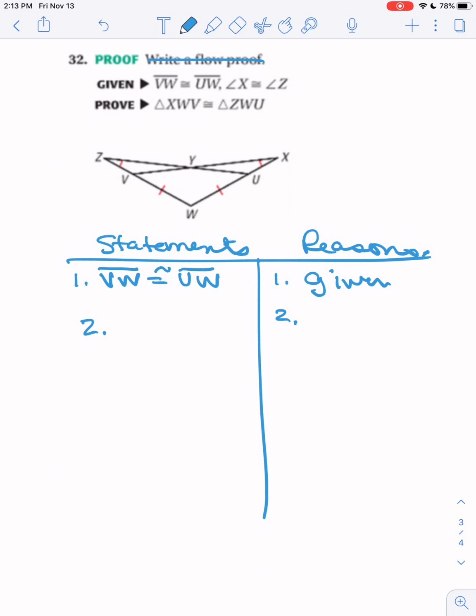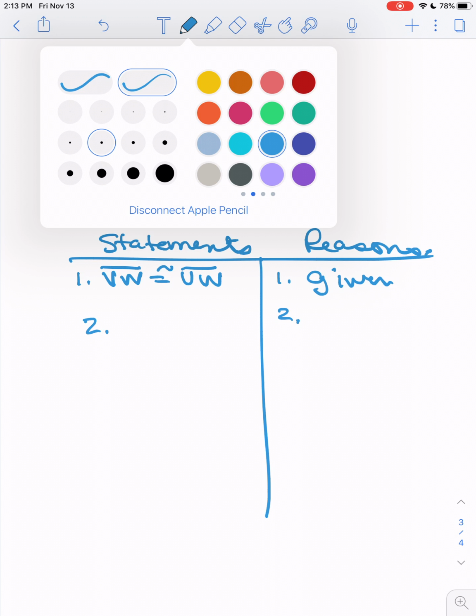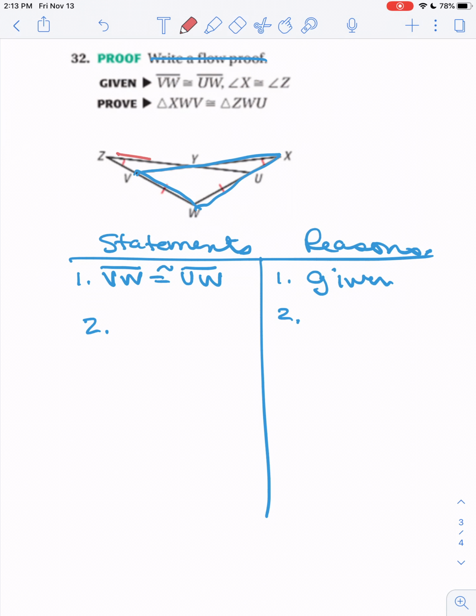It looks like we're trying to prove that triangle XWV is congruent to this triangle. Oh boy. All right. So the first thing we have is that the short side of the blue triangle is equal to the short side of the red triangle.